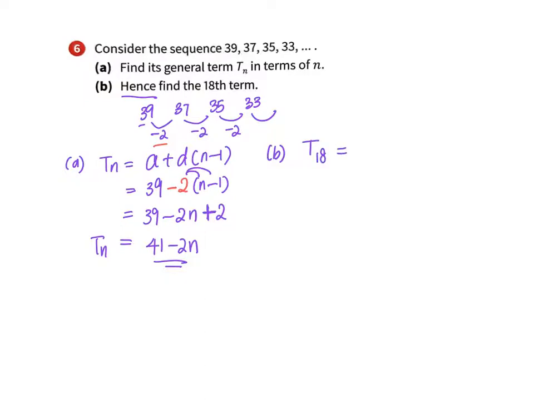That means n will now become 18. So my formula will be 41 minus 2 times 18, and that gives me the answer 5.